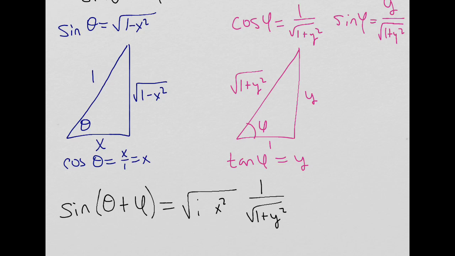Oops, 1 plus should have been 1 minus. And then for the second piece, cosine theta sine of phi, cosine theta is just x, so plus x, and the sine of phi, y over square root 1 plus y squared.